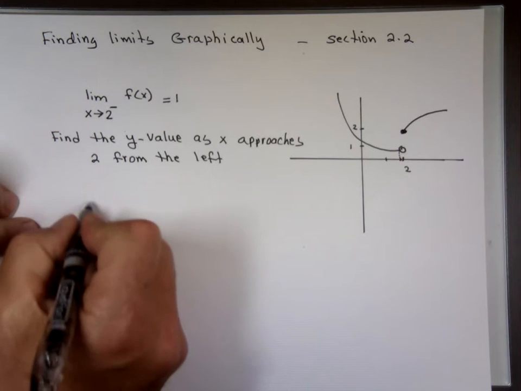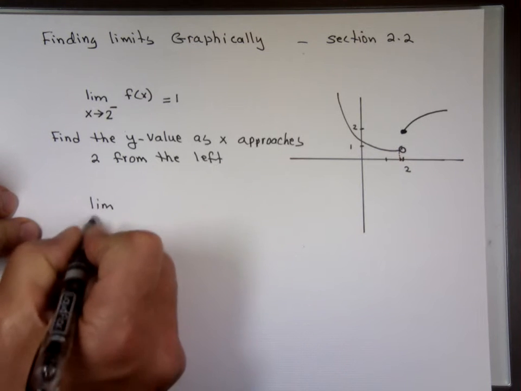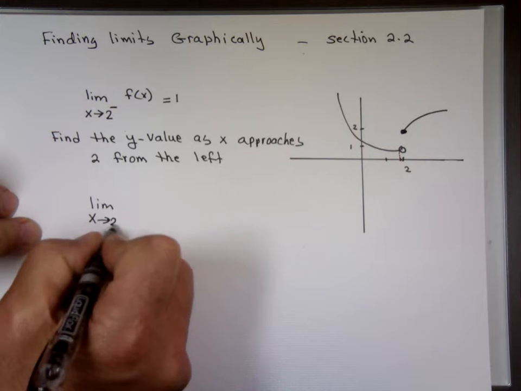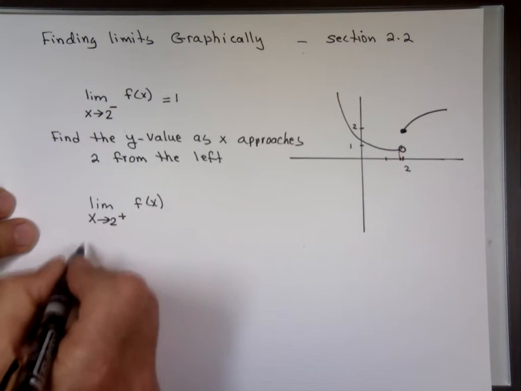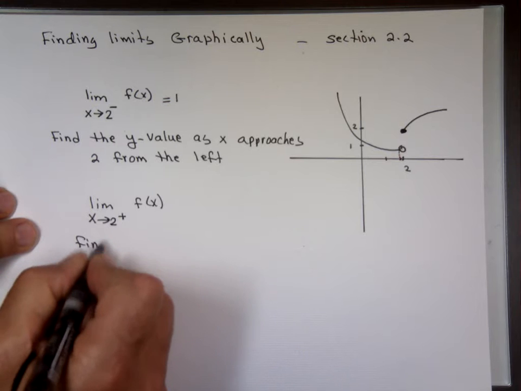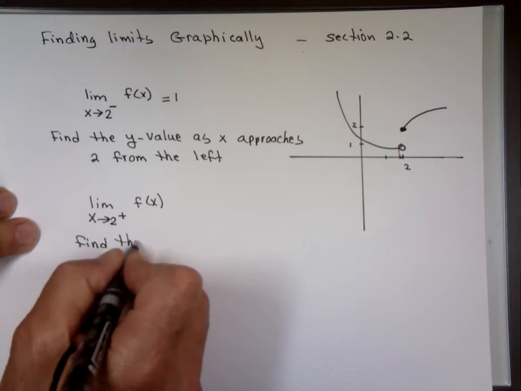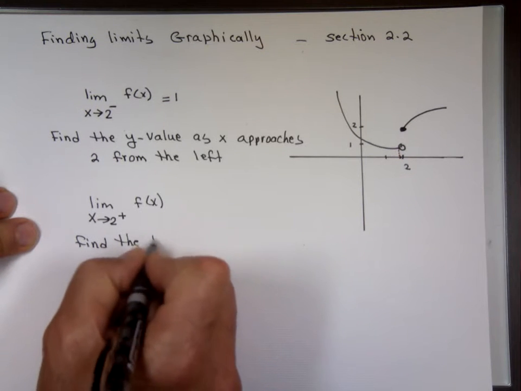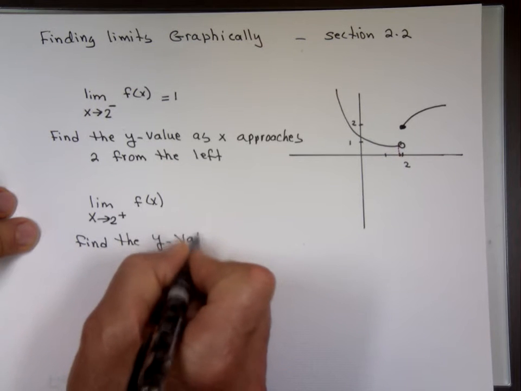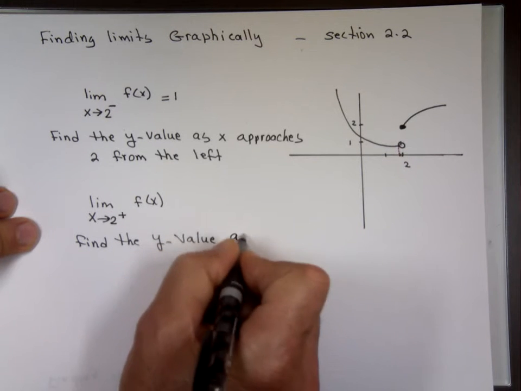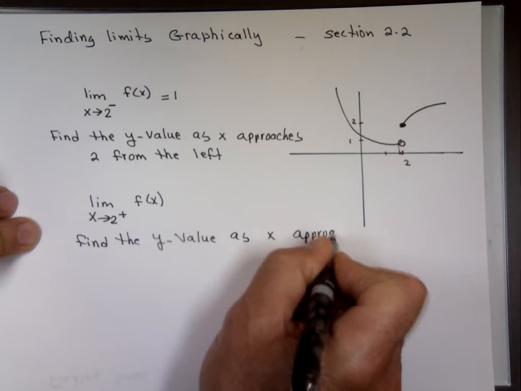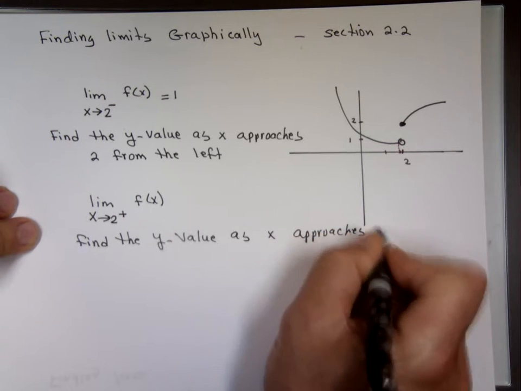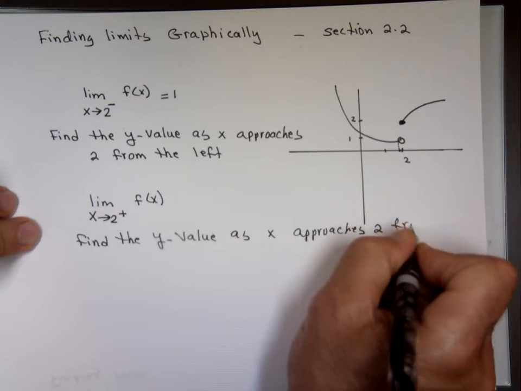Now, if I ask you what's the limit as x approaches 2 plus of that function, this one means find the limit, the y value, as x approaches 2 from the right.